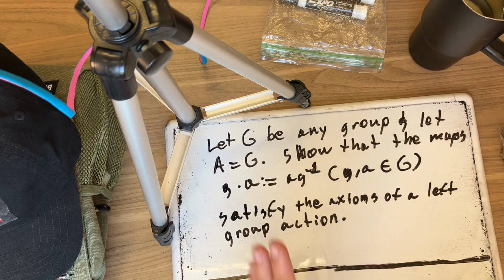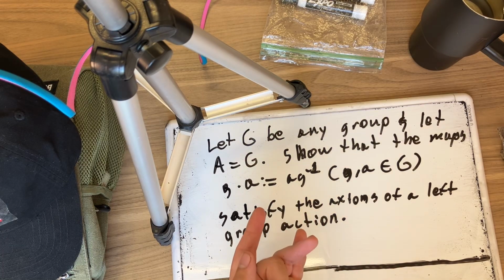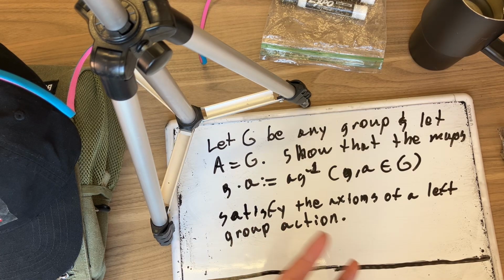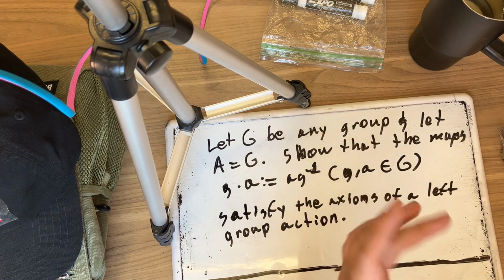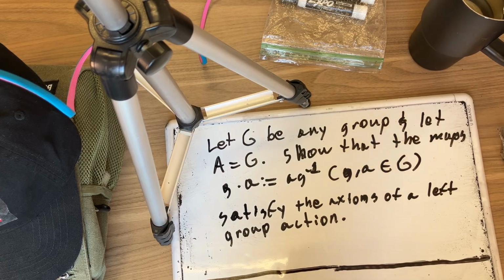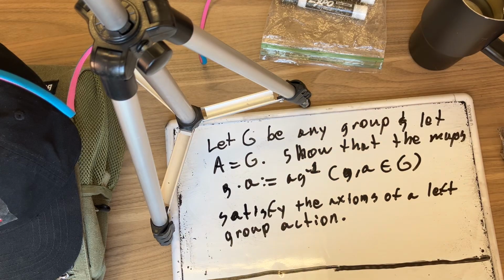We get G sub 1 dot (G sub 2 dot A) is equal to G sub 1 dot (A G sub 2 to the negative 1), which is equal to (A G sub 2 to the negative 1) G sub 1 to the negative 1, which is equal to A (G sub 2 to the negative 1 G sub 1 to the negative 1), which is equal to A (G sub 1 G sub 2) all to the negative 1, which is equal to (G sub 1 G sub 2) dot A. So the order reversal from inverses is exactly what fixes the associativity constraint that failed in exercise 14.